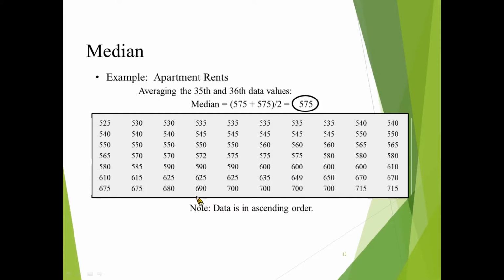Now maybe you say this is not very easy if you have more than 100 observations and you need to put them in ascending order. But now I have SPSS, this kind of software, that can do it for you. You don't need to put them in ascending order.